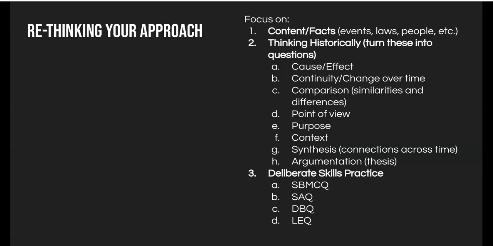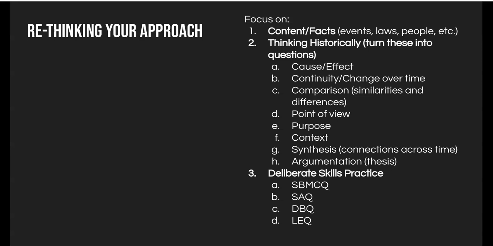We want to be rethinking our approach. So with every course, you want to be thinking, okay, what are the main structures, right? In US history, we've got content, all of the events, laws, people, etc., like the stuff, right? Then we think about how historians apply it. Noticing and discussing the impact that certain events have on others, have on social classes, causes of multiple events, comparing different reform movements, analyzing their effectiveness, right?